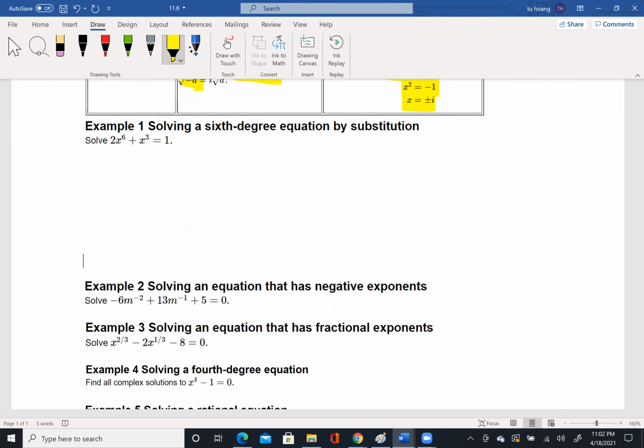For example, I want to solve 2x^6 plus x^3 equals 1.